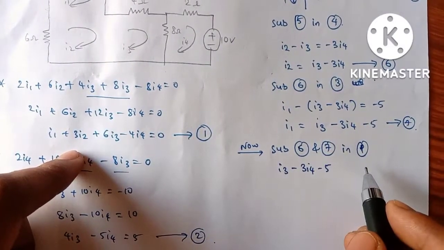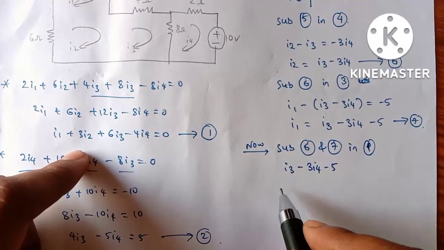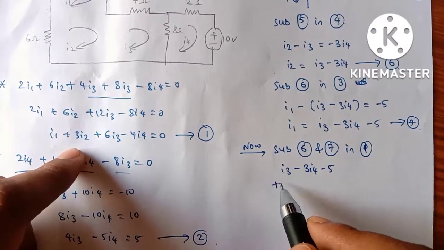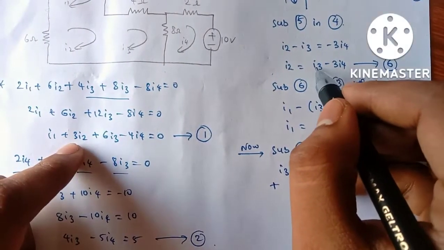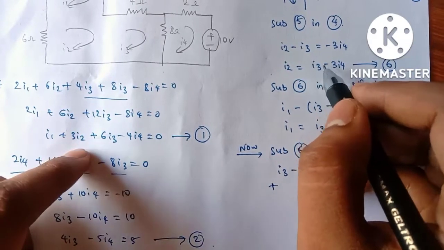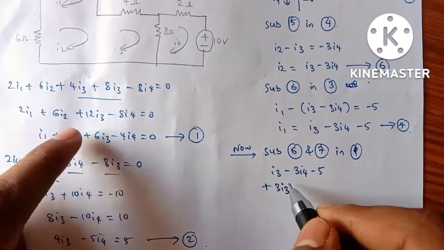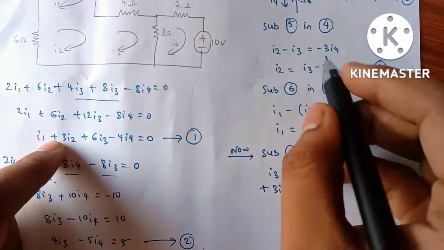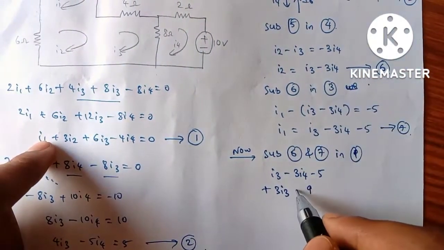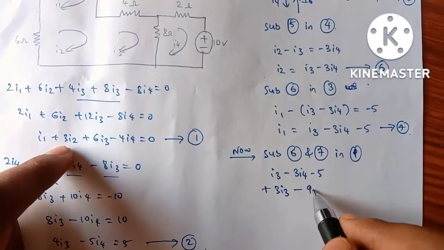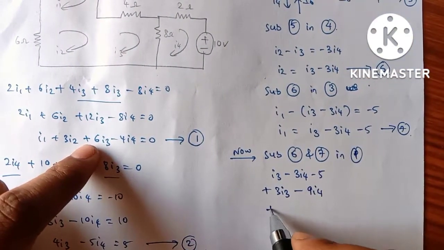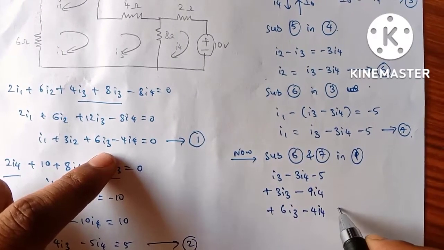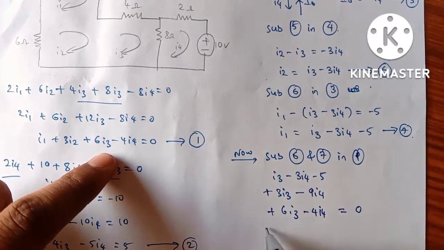Writing in serial manner for convenience, plus 3 into I3, 3 into 3 is 9, plus 3 into minus I4, again plus 6I3 minus 4I4 equals 0.